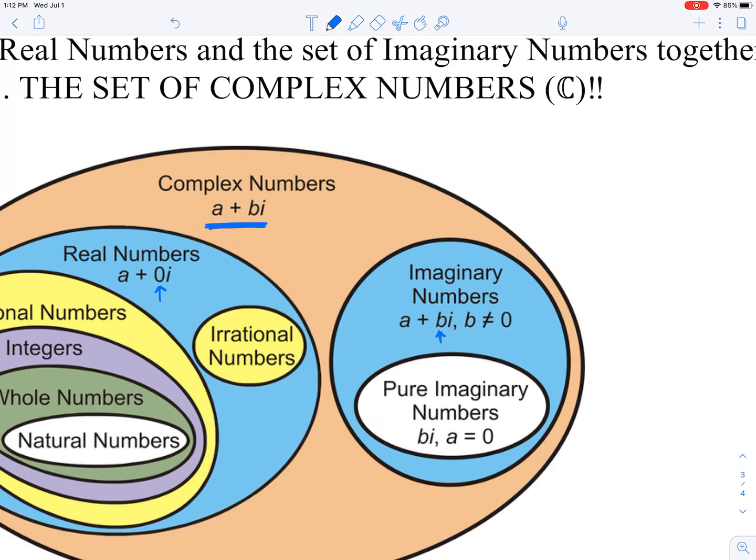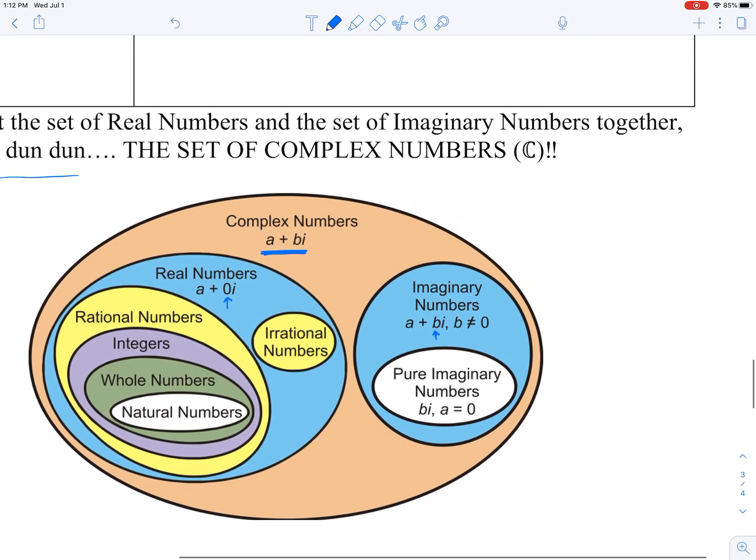It's just the real numbers have b equal to 0, whereas the imaginary numbers do not have b equal to 0. b is not equal to 0. So the real numbers are a subset of the complex numbers. The imaginary numbers are a subset of the complex numbers. And then those two sets together, when they're combined, make up the set of complex numbers, the complex number system.